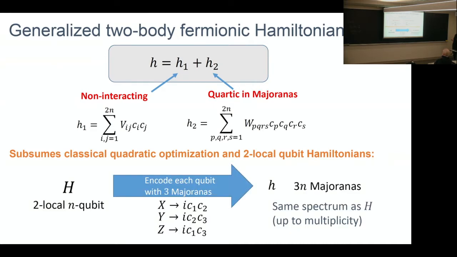So you just take your n-qubit Hamiltonian that involves these x, y, and z on each qubit, and you just replace in this way for each qubit. Okay? And if you do that, you get a Hamiltonian that has 3n Majoranas. And it turns out, it's not completely trivial, but it's not too hard to see, that it has the same spectrum of H, but now you've added a whole lot of multiplicity.